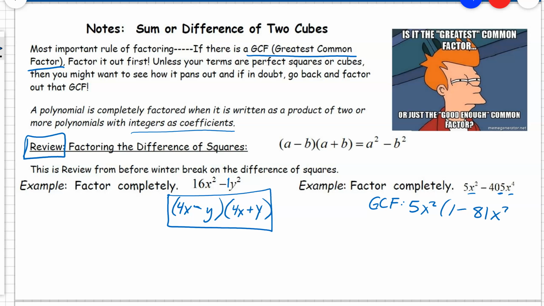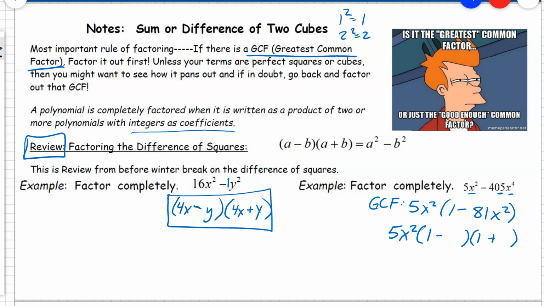81x squared. Now we can work with something, because remember our squares: 1 squared equals 1, 2 squared equals 4, and so on. 4 squared is 16. What squared gives us 81? That would just be 9. So we're going to bring down our greatest common factor, which is 5x squared. And then when I factor, I have a difference of squares.